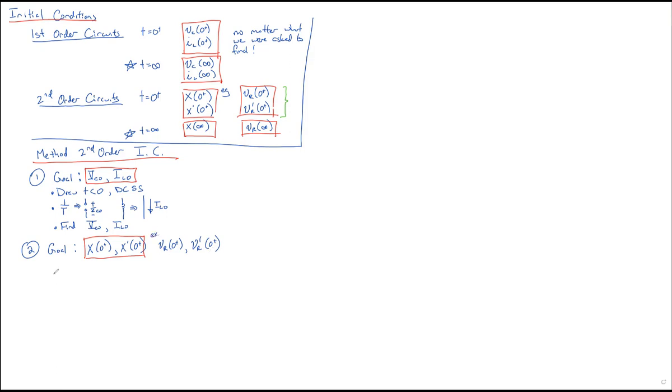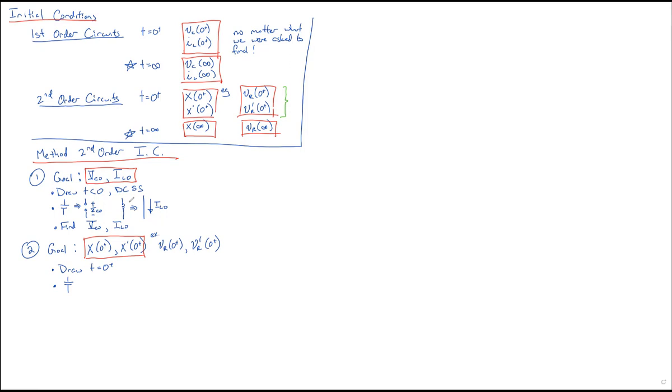Okay. So in order to do that, you're going to have to redraw it at t equals 0 plus. So unlike anything you did before with first order, this is at an instant of time. It is not over a region of time. So at that instant of time, we know what that capacitor looks like. Because you know what the voltage is across the capacitor, you found it for time less than 0 in step 1.